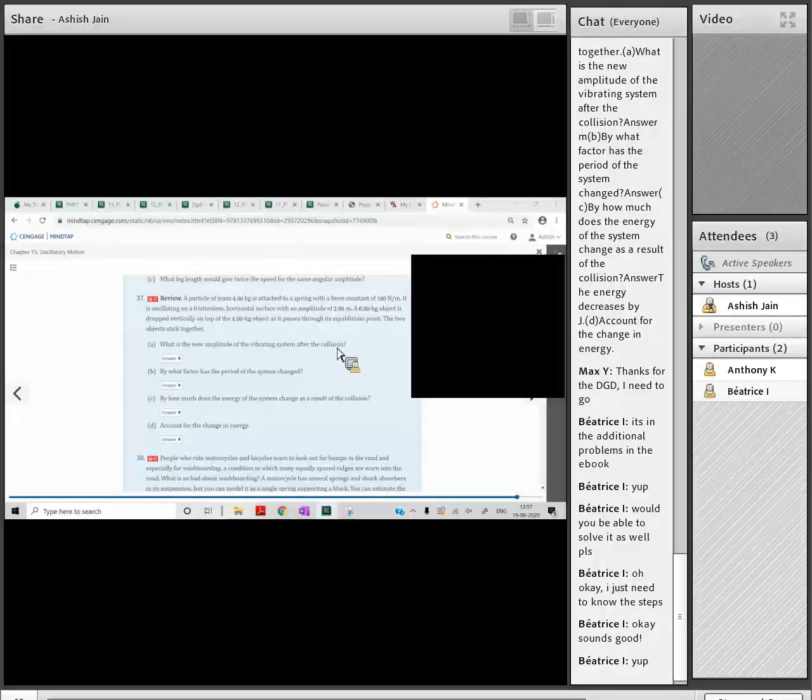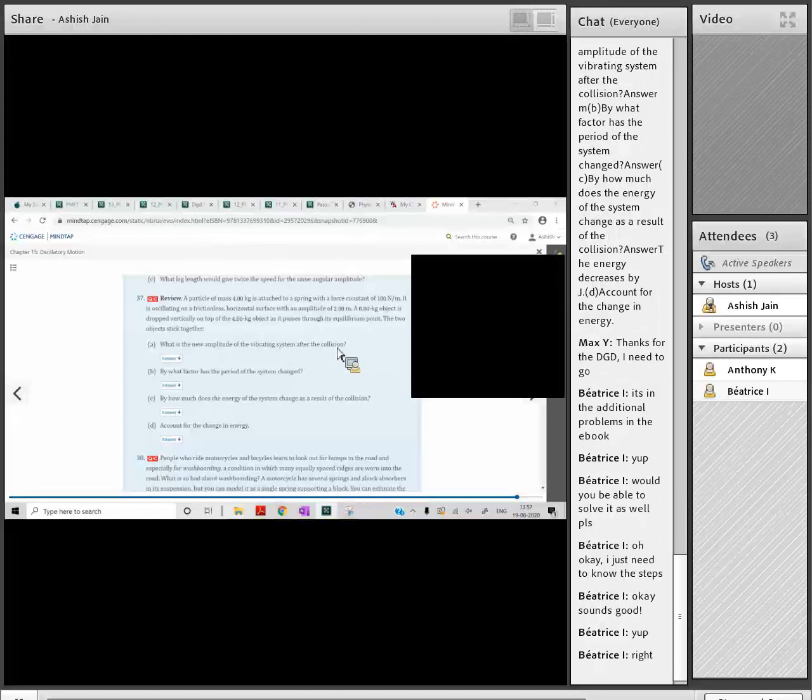Sounds good? Okay. So a particle of mass 4 kilograms is attached to a spring with force constant 100. That means K is given, M is given, you can find omega, right? This is how I solve it.